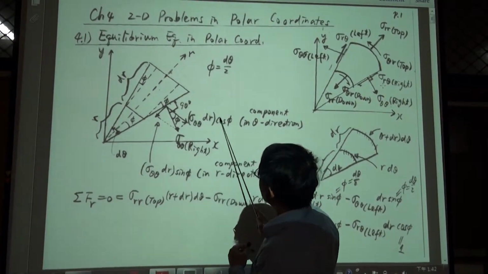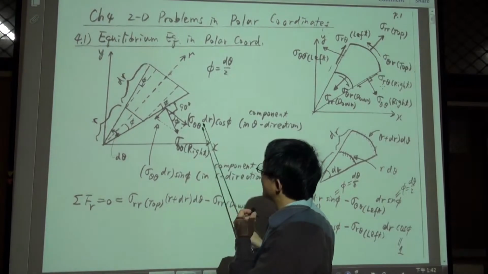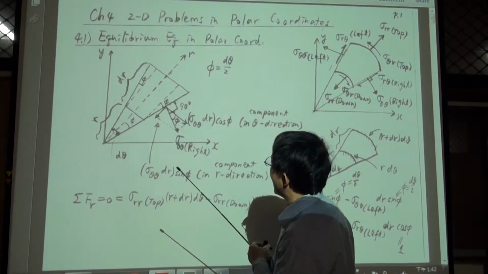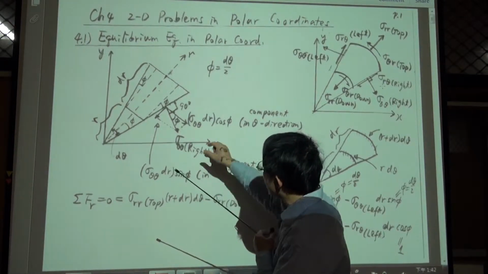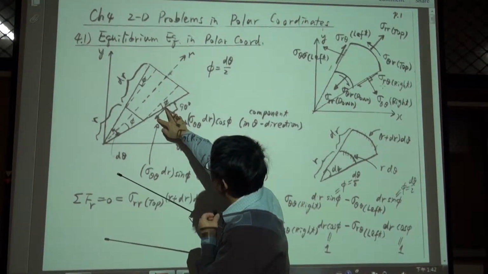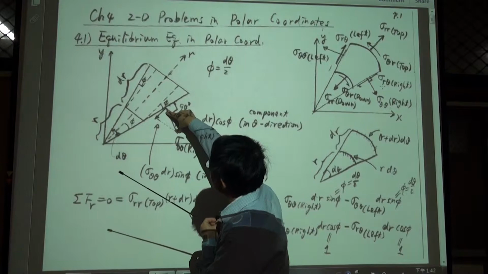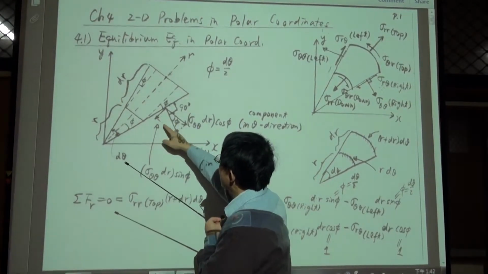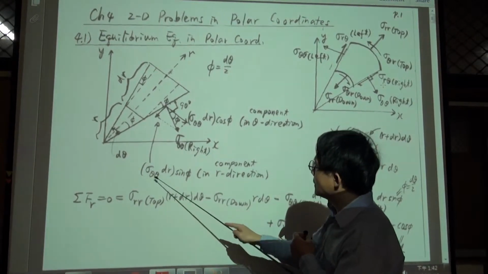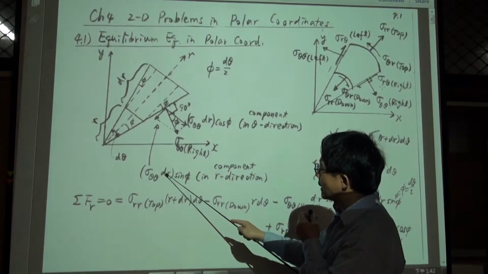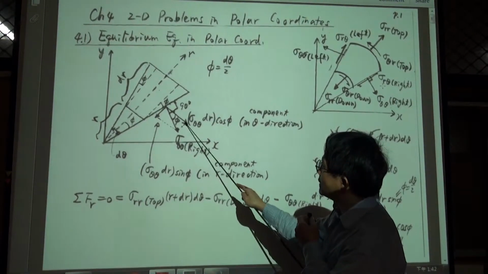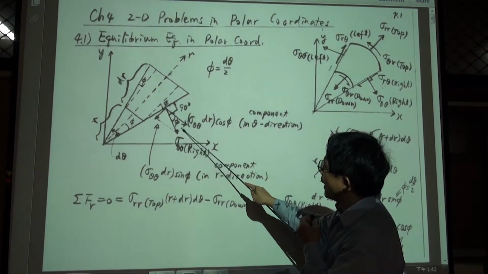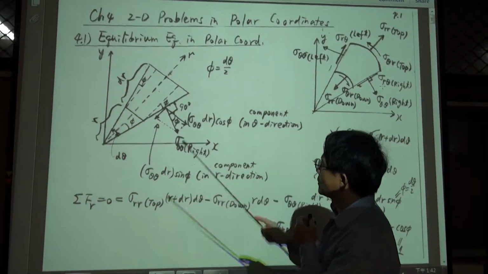So we multiply this vector by cosine phi. In the same way, if we want to compute the component in the r direction, we should multiply sigma theta dr by sine phi. This is phi, so this is sine phi.